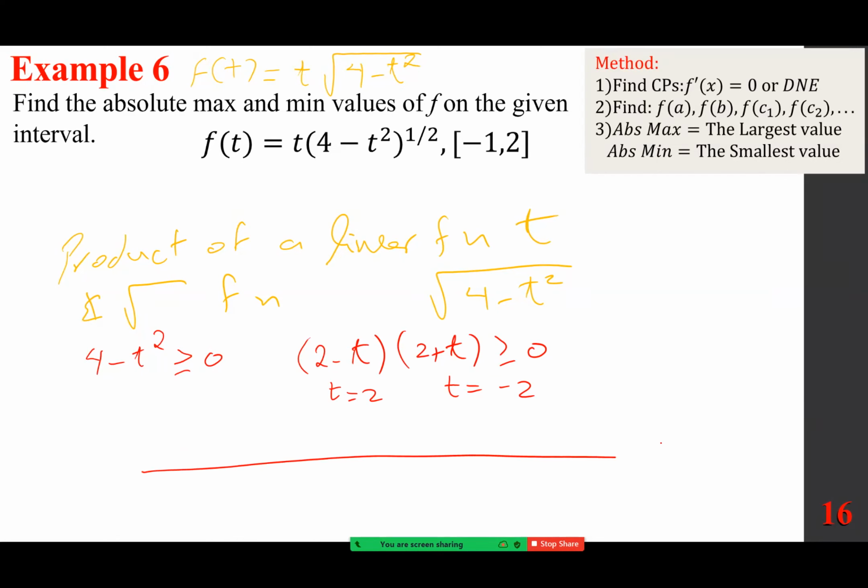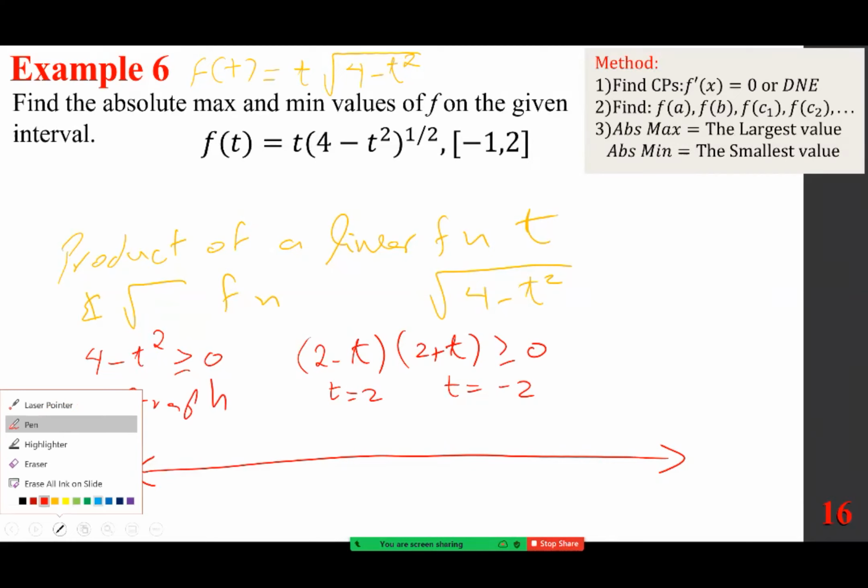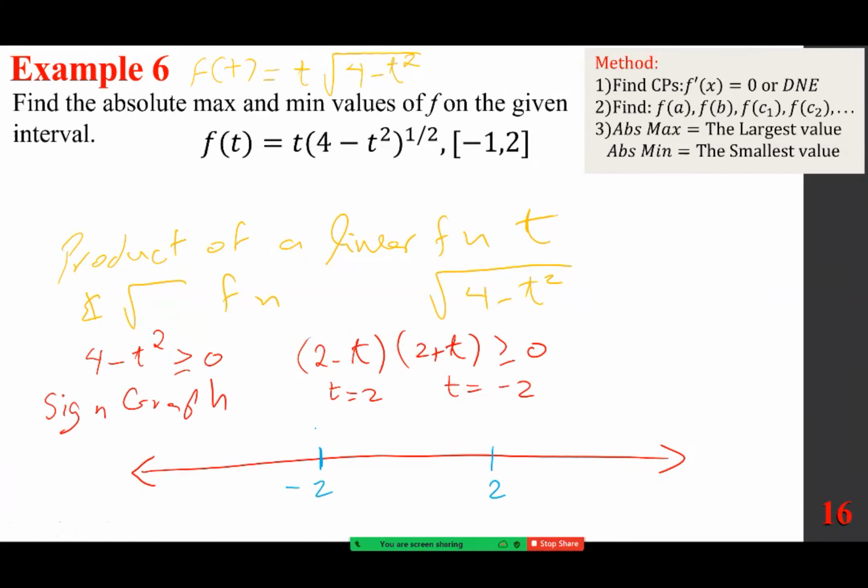And you need a sign graph. I'm reminding you of what we have seen in elementary algebra. Sign graph. So it ends up with, let's say, -2 here, 2 here. At -2 it becomes 0, at 2 it becomes 0.